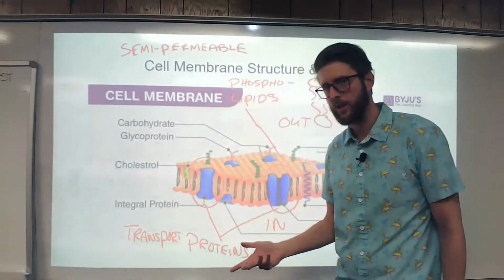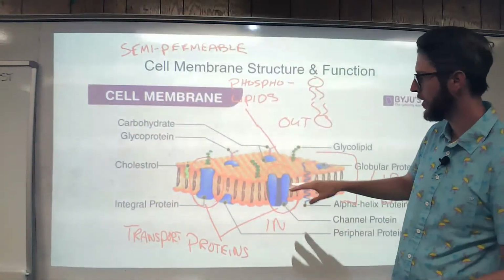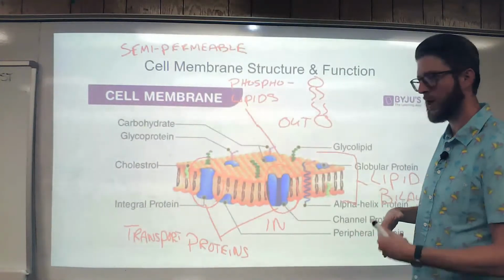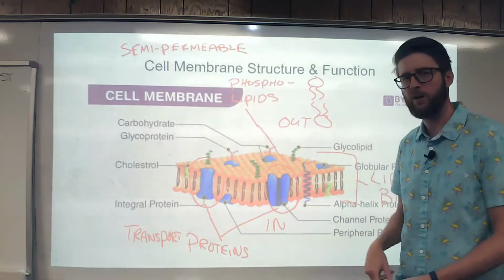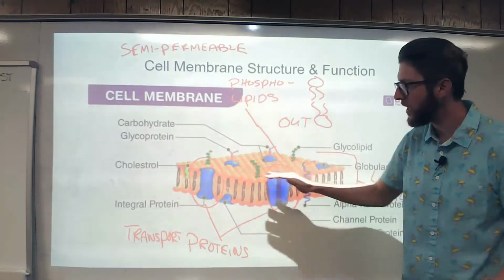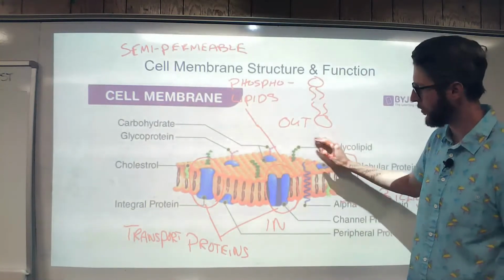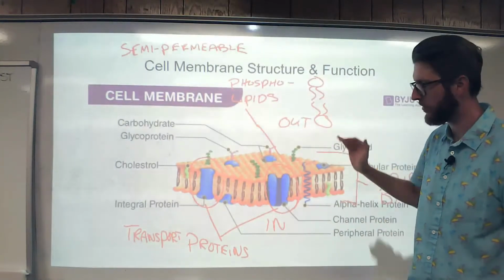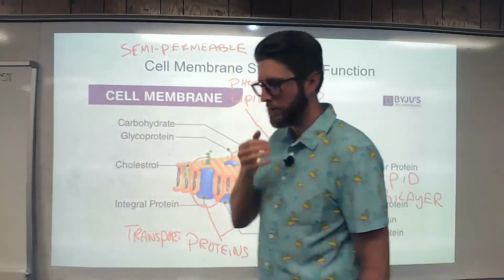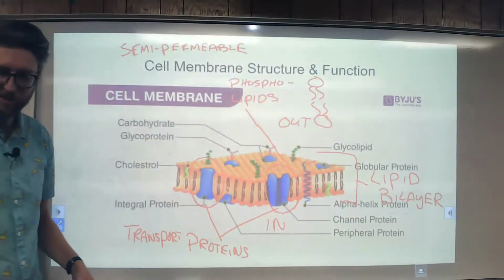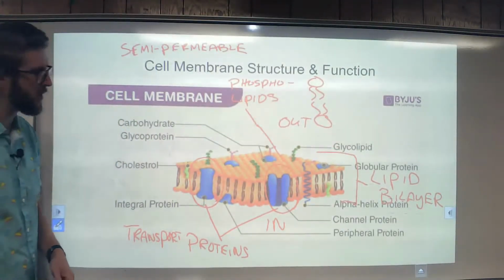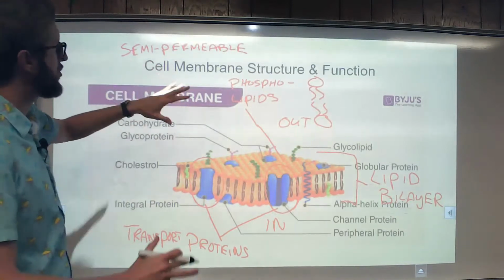meaning that only some things can go through, but other things can't. That's really important because when you're talking about your cells, you don't want just anything to be able to go in and out of your cell whenever. You want to have some degree of control over what goes in the cell. You want to keep bad stuff out. You want to let good stuff in, right? So you don't want to be completely permeable, which is why it's called semi-permeable.